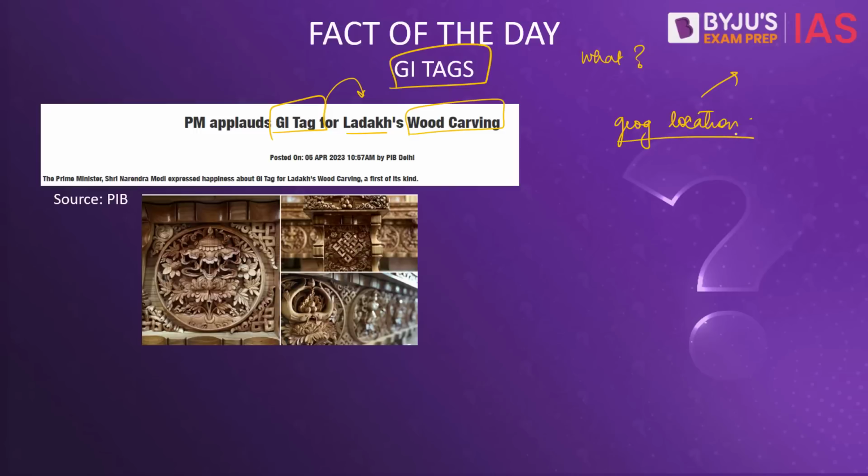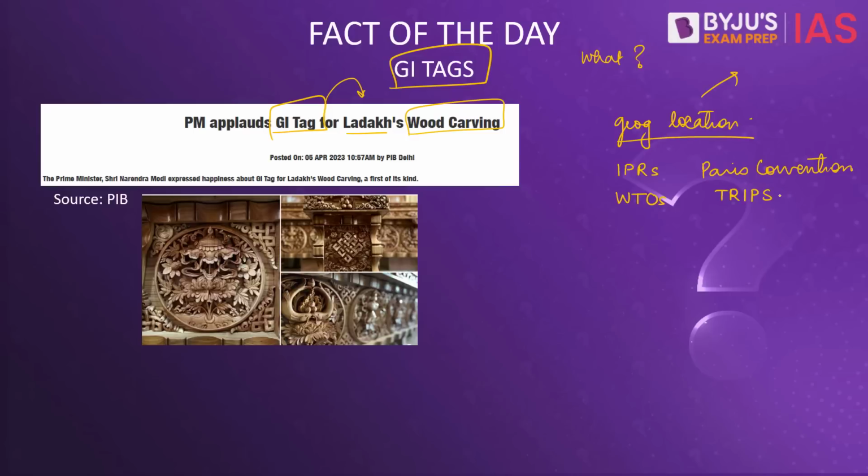Globally, they are covered as a component of intellectual property rights under the Paris Convention for the Protection of Industrial Property. They are governed by the World Trade Organization's Agreement on Trade-Related Aspects of Intellectual Property Rights, that is TRIPS.